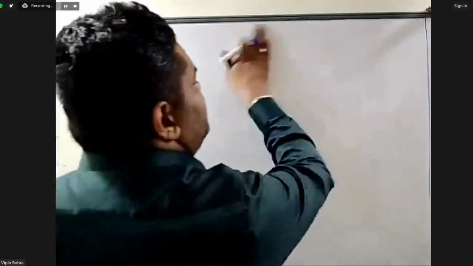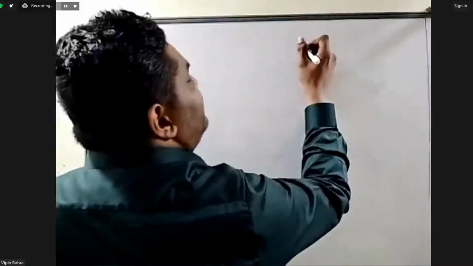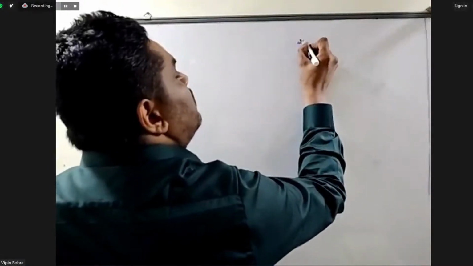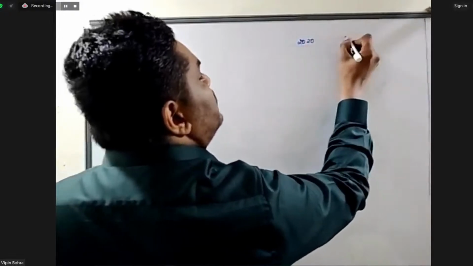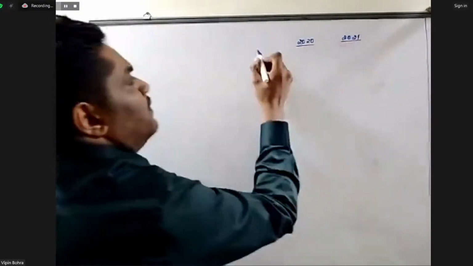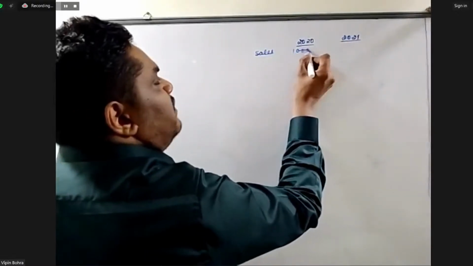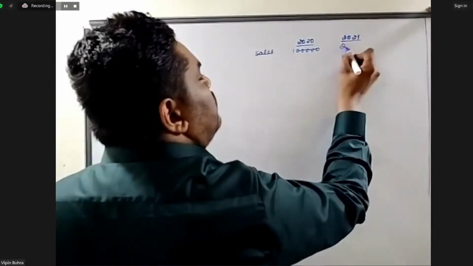Let's take a situation wherein the two period figures are given. Let's say 2020 and 2021. My sales is given, let's say 1 lakh and 2 lakh.